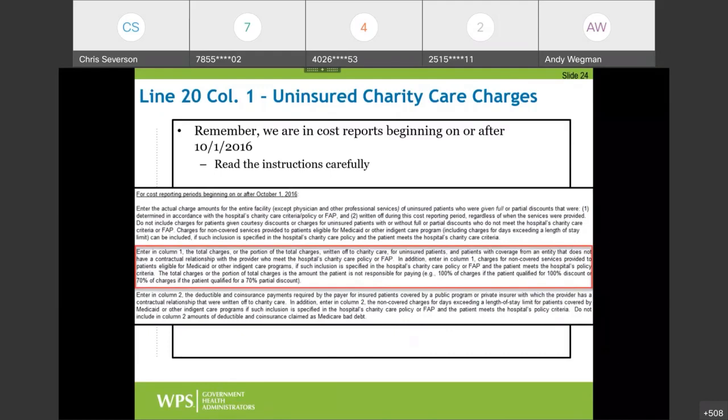Unlike with the Medicare bad debt rules, which have very specific requirements, whether it be an indigent patient or whoever, as far as the charity care, the only policy is that the provider has to have a policy. Now, there's certain things that they flat out disallow, professional fees, courtesy discounts, things like that. But as far as the true charity, they basically say, as long as it's in your policy and you followed your policy, it's allowable here.